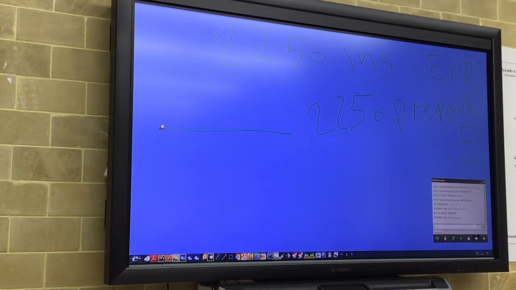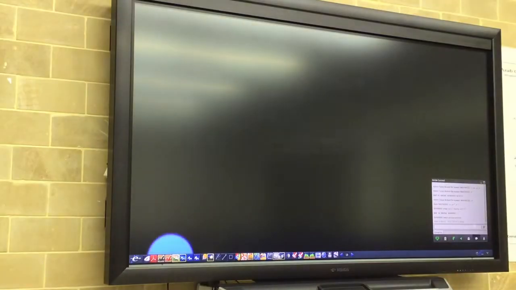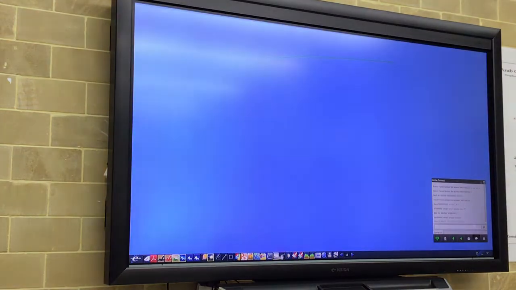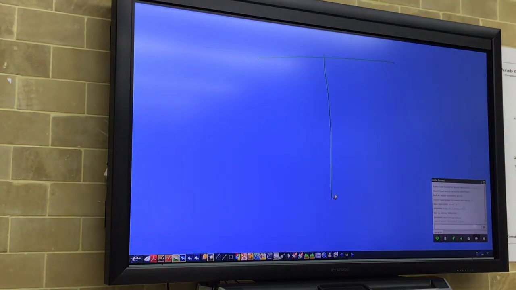So now, what is the balance for prepaid expense? This is the T account for prepaid expense. It was debit how much? 3,000. 3,000 was debit from the first journal entry, prepaid expense to cash, and second was credit by 2,250.